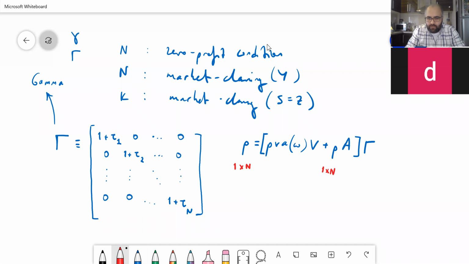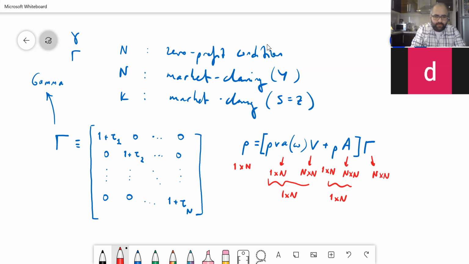This was also a row vector. So this was n by n, this was n by n, and this was 1 by n. So this part is 1 by n. This part is 1 by n. And now we must have n by n here. Okay, so this is n by n. Now what happens now? I introduce through this matrix gamma the tax rates into this equation.